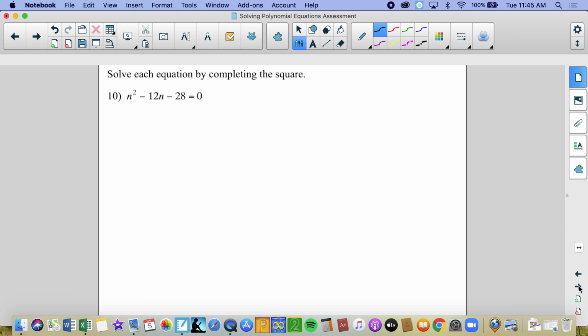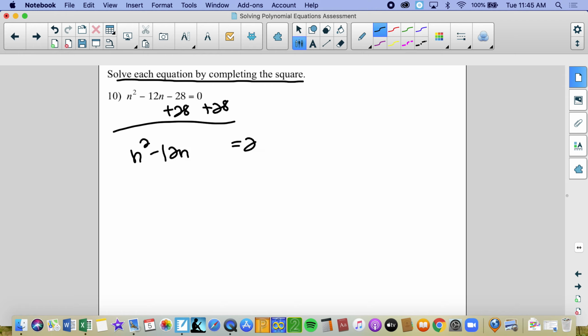Number 10, solving each equation by completing the square. So now we could have used a times c if there weren't contingencies, but it says that we have to use this method. So we will use this method. Completing the square, we have to move the c value, the constant, over, and we want to isolate the a and b values. The reason is we want to create a binomial square.